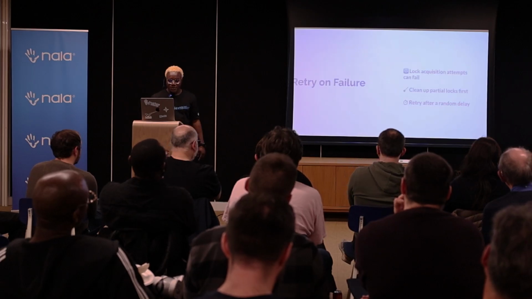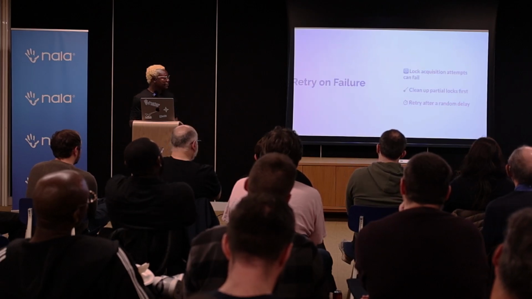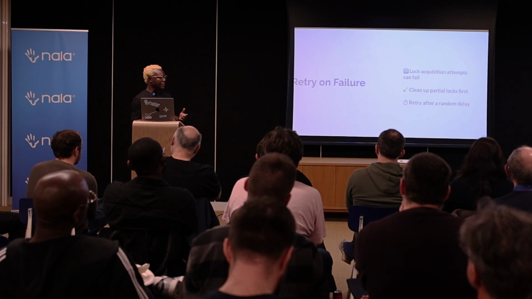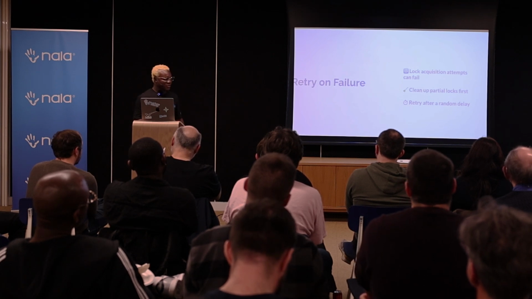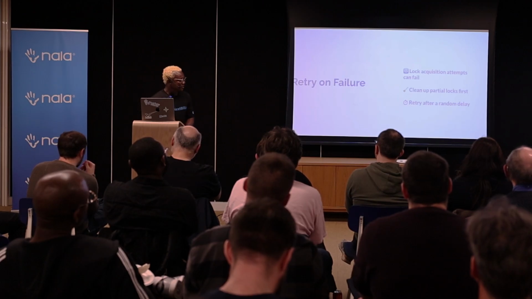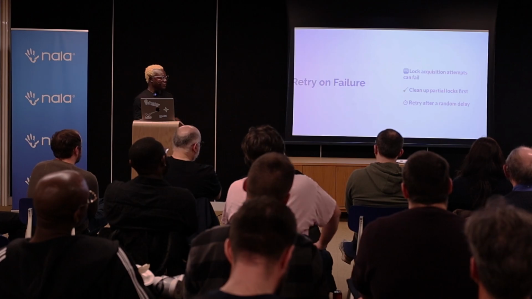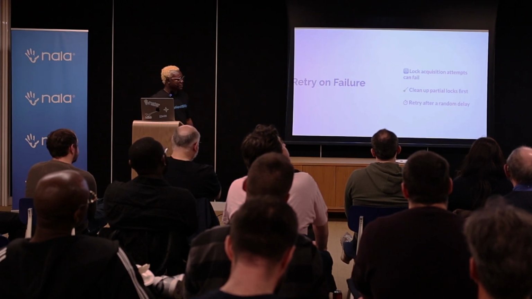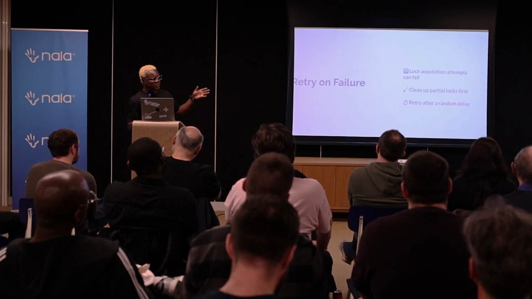So what happens in case of a failure? Usually with distributed systems, failures can occur. So what usually happens is that we first clear partial locks, where we go through each of the attempts, deleting, basically releasing the lock. I would also explain in detail what we mean by releasing a lock with Redlock. Then we also retry after a random delay.